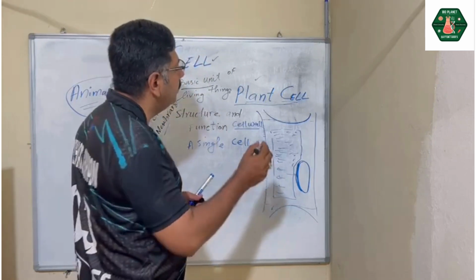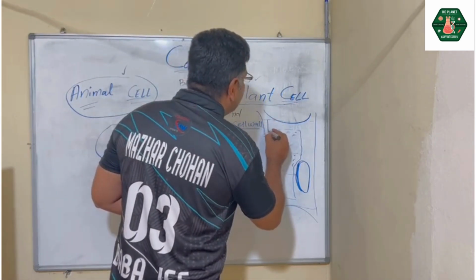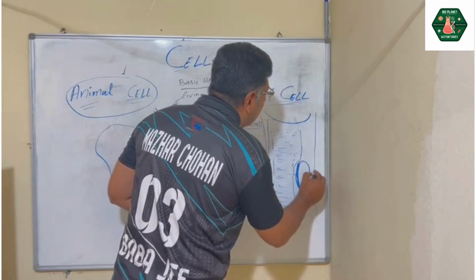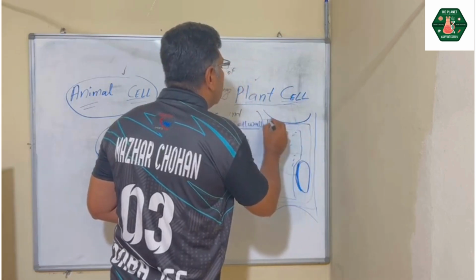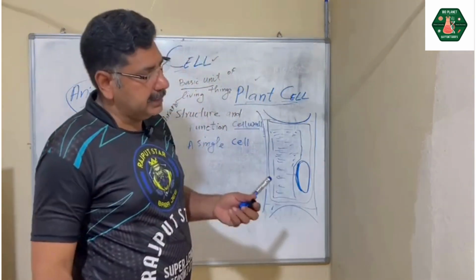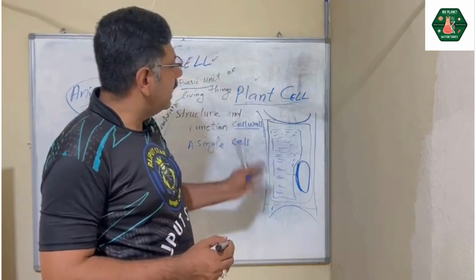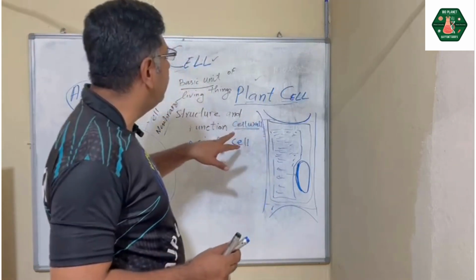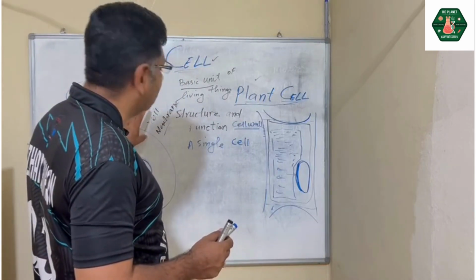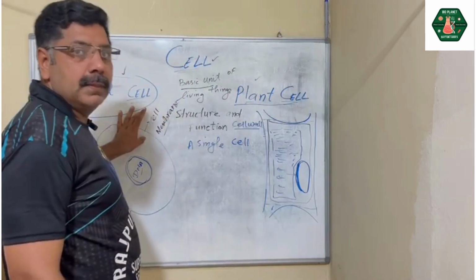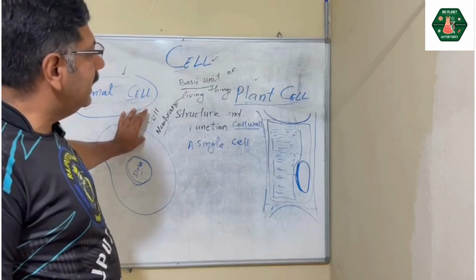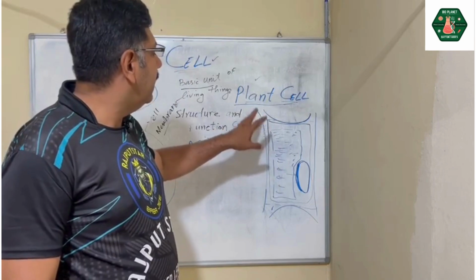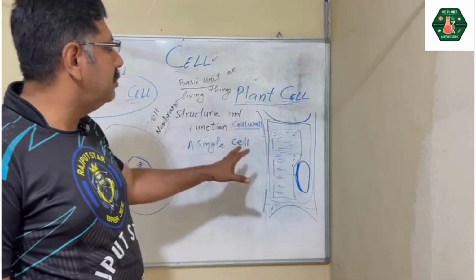And inner to this cell wall is the cell membrane, also in the plant cell. This cell membrane is also a selectively permeable membrane. So there is one difference. Cell membrane is the outer covering in animal cell, and cell wall is the outer covering in plant cell. It's dead and hard.